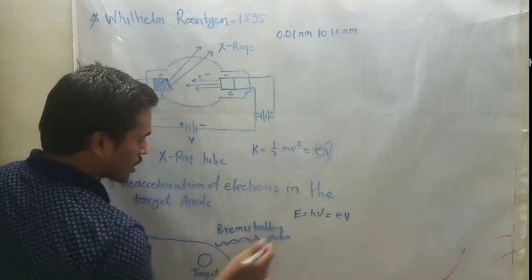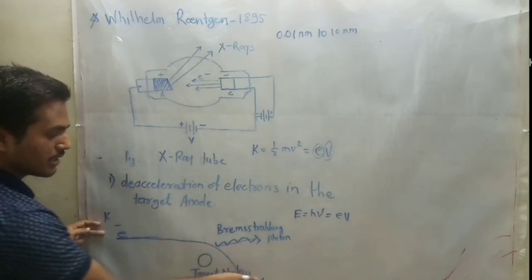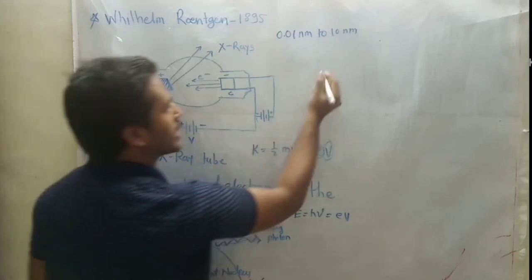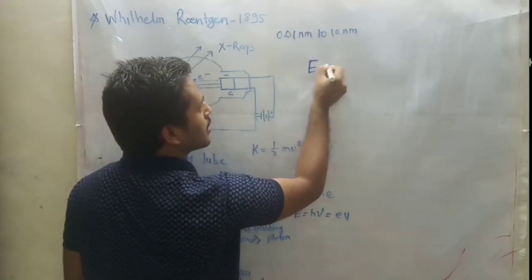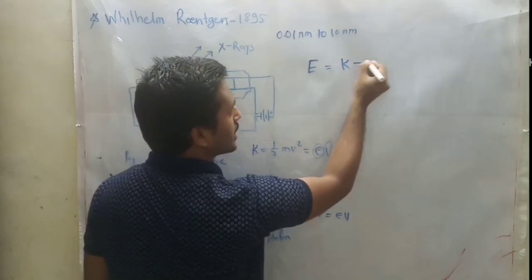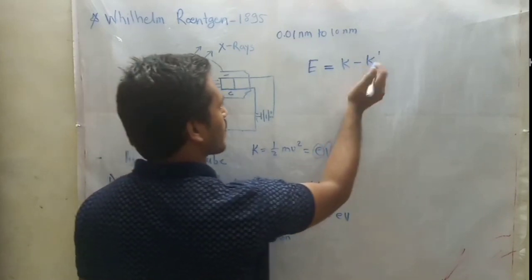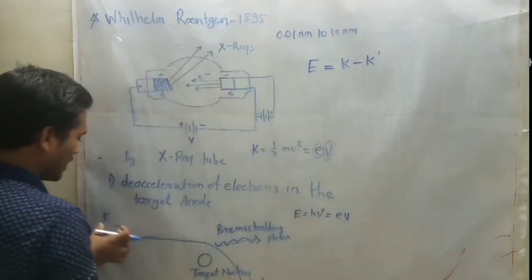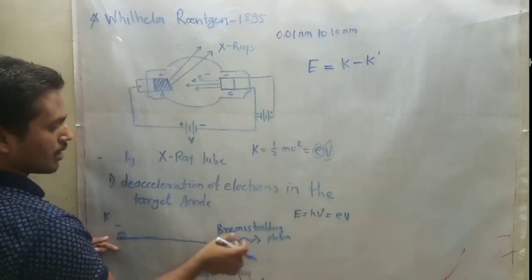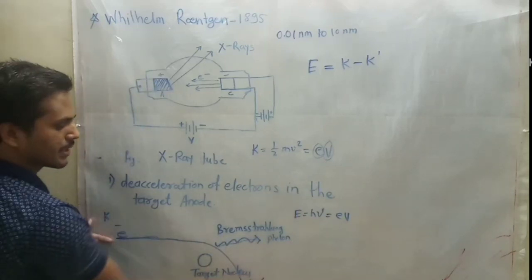This photon has energy equal to the change in kinetic energy, that is, E equals initial kinetic energy K minus final kinetic energy K dash.